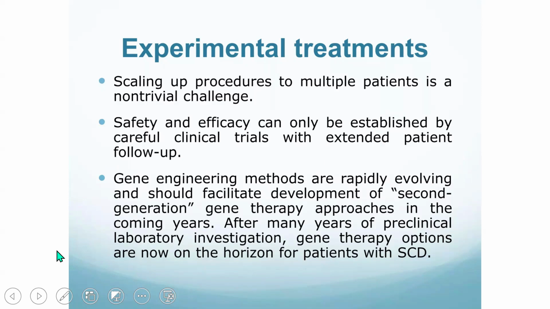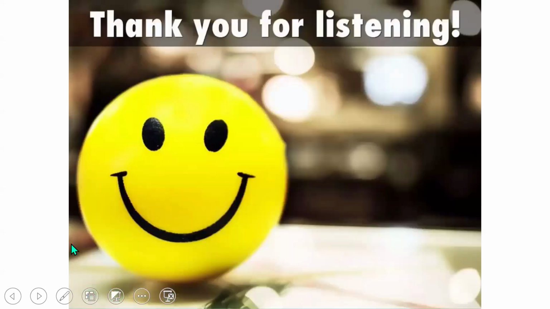Gene engineering methods are rapidly evolving and should facilitate the development of a second generation. So gene therapy approaches are coming in the coming years after many years of preclinical laboratory investigations. Gene therapy options are now on the horizon for patients with sickle cell disease.